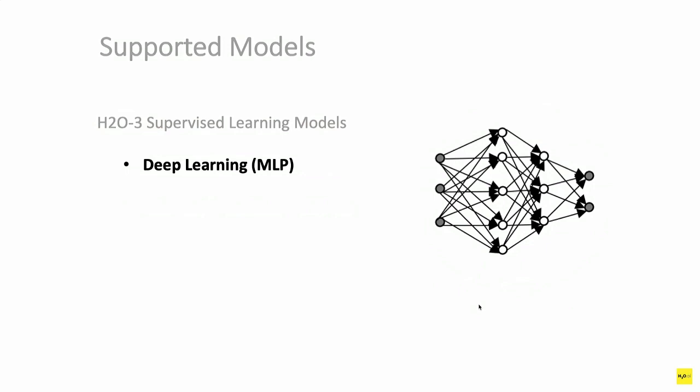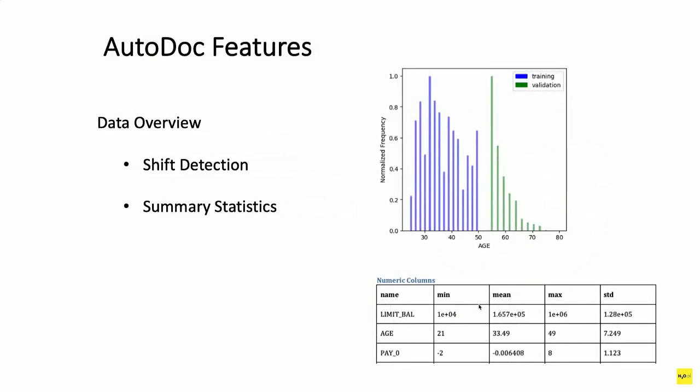So now that you have the motivation for the AutoDoc and an understanding of what's supported, I just want to highlight a few of the features that we have in our document before going through a rendered example. The first section of the AutoDoc is going to cover a data overview. So this is just a high level of some of the most interesting features. In the data overview section, you'll see shift detection.